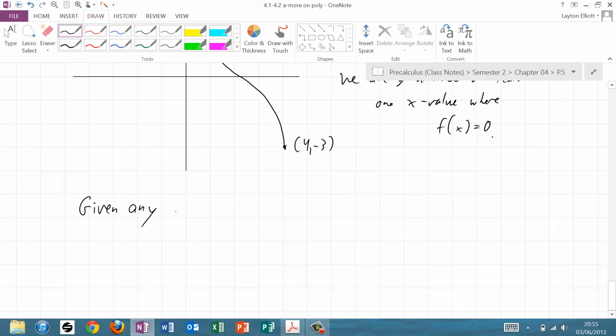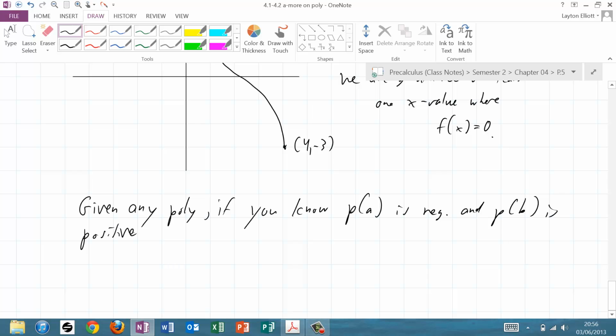Given any polynomial function, if you know that P of A is negative and P of B is positive, then there must be a root, remember, root, zero, x-intercept, between A and B.